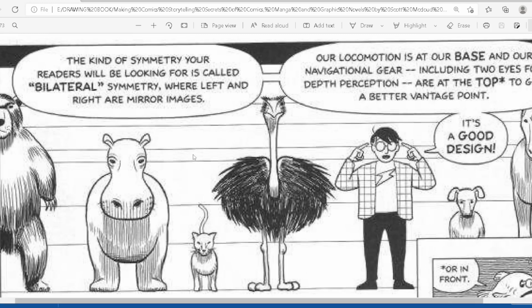The kind of symmetry your readers will be looking for is called bilateral symmetry, where the left and right are mirror images.